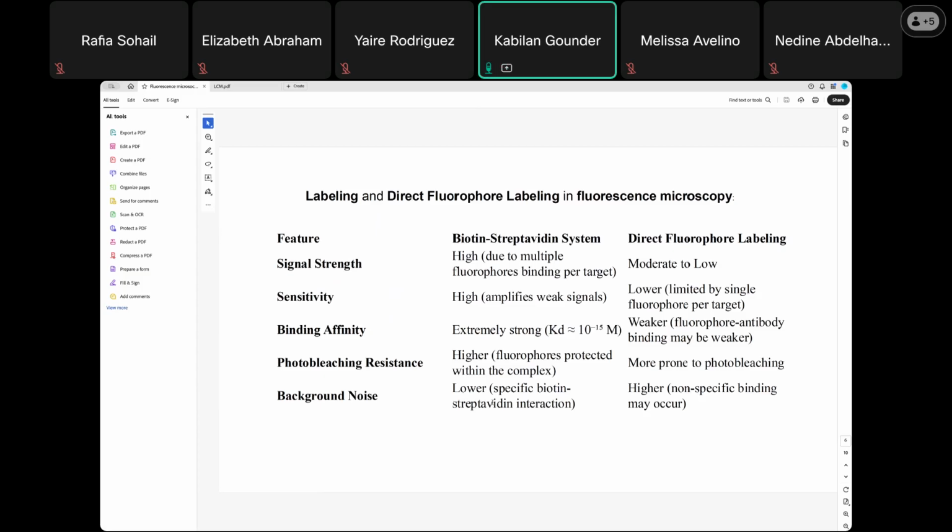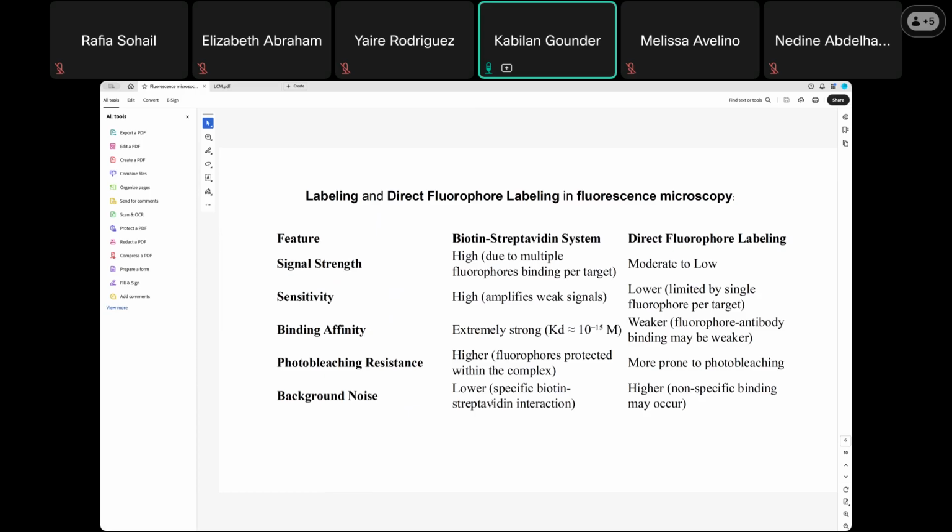Whereas in direct labeling, the fluorophore is more prone to photobleaching, because the biotin-streptavidin complex within the target can protect it. It also reduces background noise, because the specific biotin-streptavidin interaction minimizes background, whereas non-specific binding may occur with the direct system.